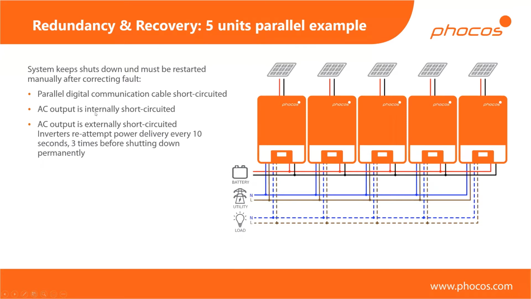Or if your AC output is internally or externally short-circuited somewhere, then of course, if all units are on the same phase, they're all providing power to the same short circuit, so that's not going to work. If you do have a short circuit on the AC output, the units will try to deliver power again every 10 seconds, 3 times, before shutting down and waiting for somebody to come along to remove that short circuit. And during that attempt, they never provide more than 30 volts on the AC output side, to see if the short circuit is still there or not.